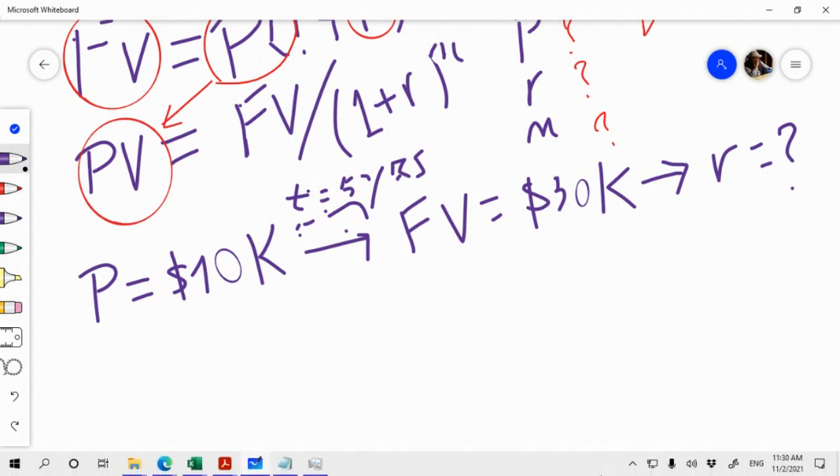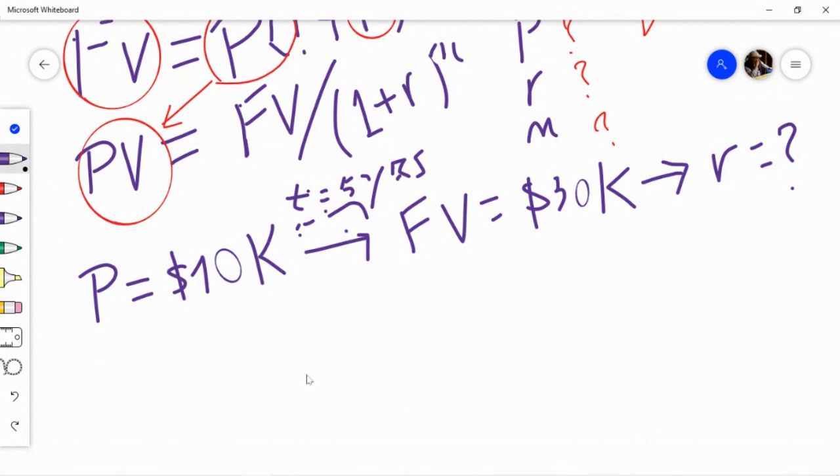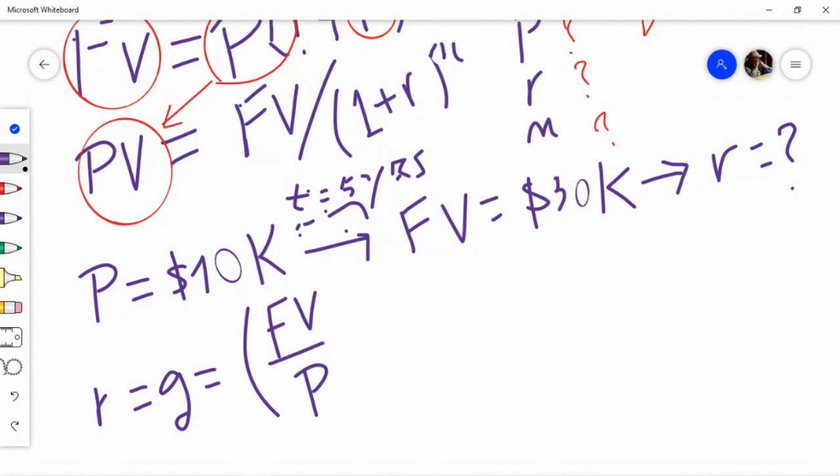I just threw the formula at you. It's basically, in this case, the same thing as the growth rate: R equals FV over P, raised to 1 over N, minus 1.